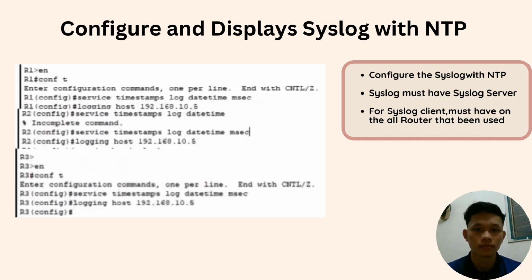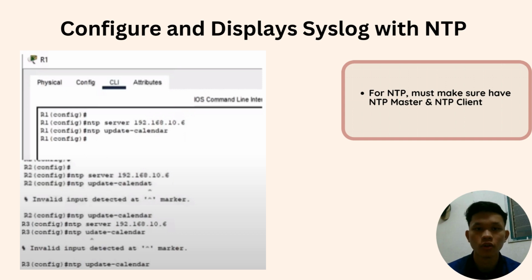For NTP, we must make sure we have an NTP master and NTP clients. Use the command on Router 1, ntp server and put the IP address 192.168.10.6, and then ntp update-calendar. On Router 2, use the same thing, and also on Router 3, use the same command and the IP address.